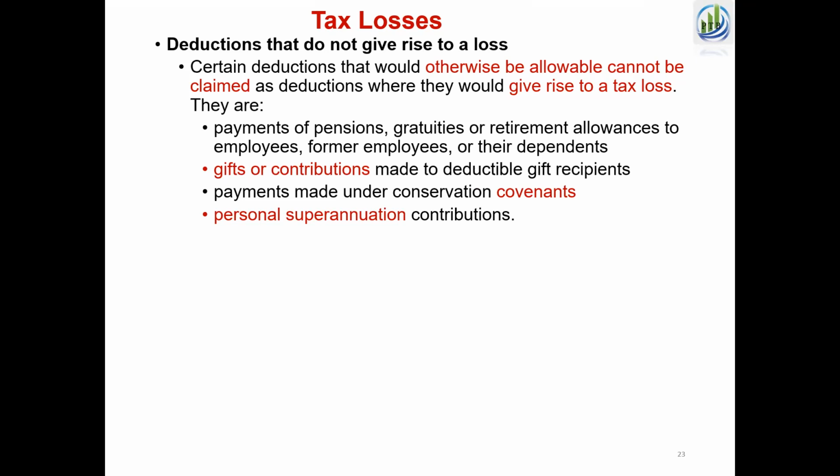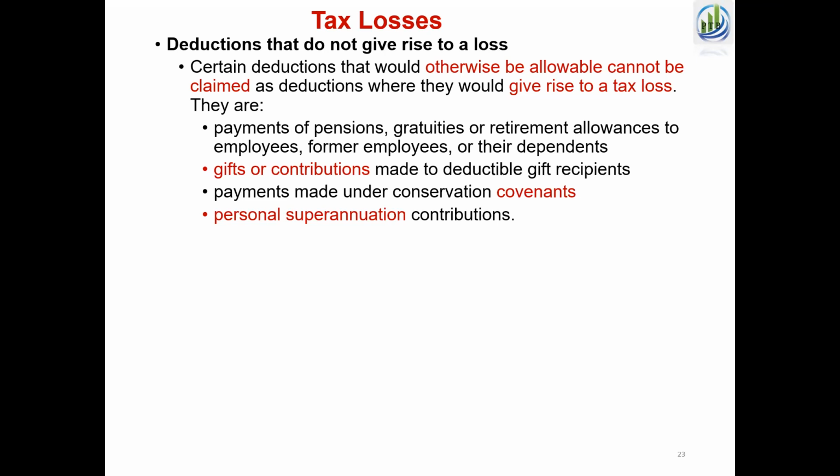So example one. Example two, assume that your taxable income is $20,000. Previously, I said tax loss, right? Now I am saying your taxable income is $20,000, your personal super contribution is $25,000, but the personal super contribution is still not included in your deduction. After finishing your tax work, you say $20,000 taxable income, but the client comes back and says, sorry, I did not give you the personal super contribution.